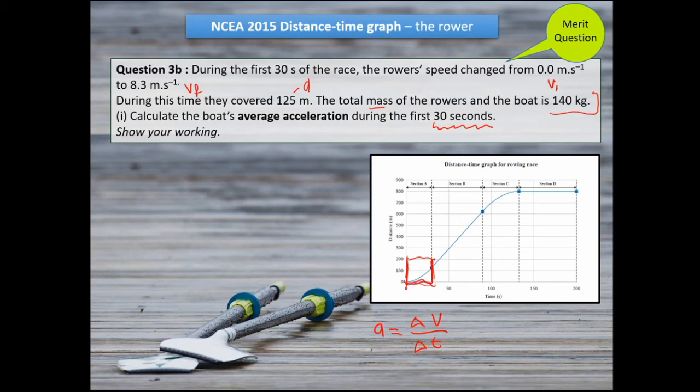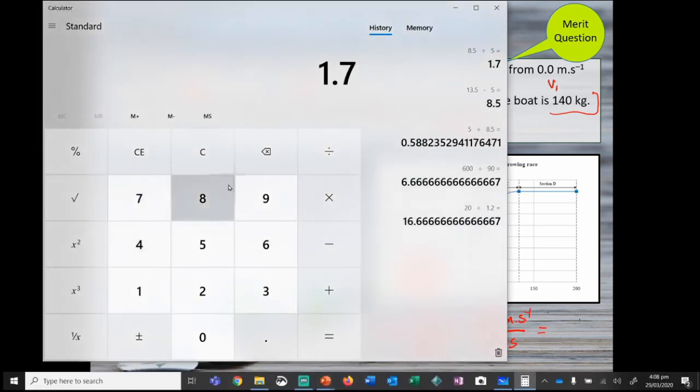So we have the acceleration. Our change in velocity is 8.3 meters per second, and our change in time was 30 seconds. Okay, where's our handy calculator?